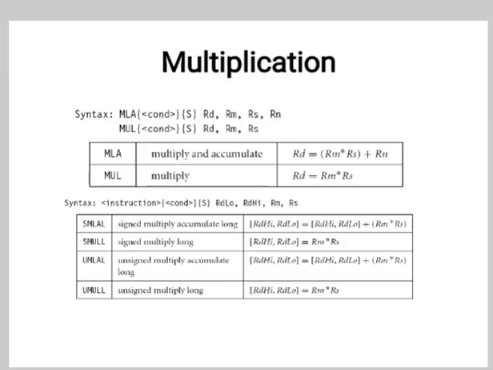If MLA, multiply and accumulate, takes place, then RD is equal to RM into RS plus RN, that is multiplication of RM and RS plus RN.